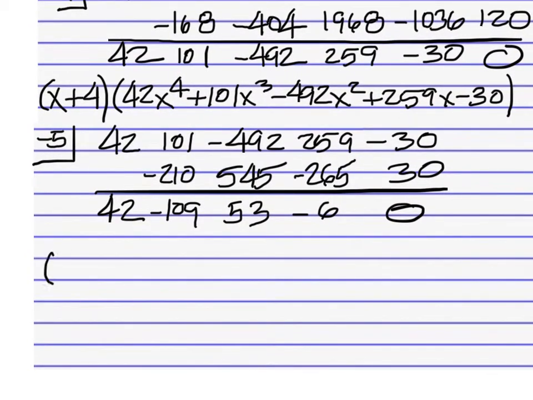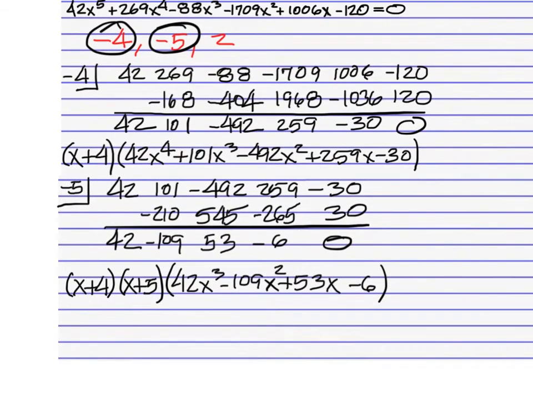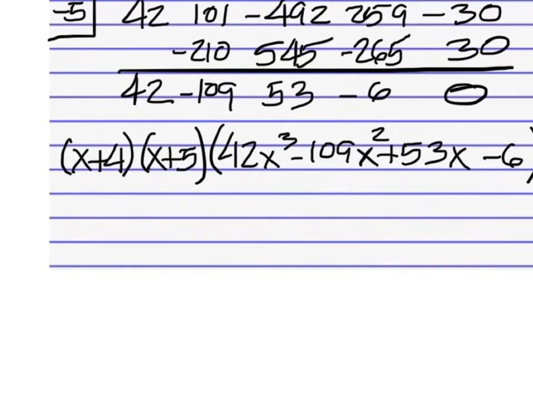So from before we had x plus 4, now we have x plus 5. And what's left is 42x to the third minus 109x squared plus 53x minus 6. We still have another 0 that we can try, and that is a 2. So we'll start dividing by a 2 here.